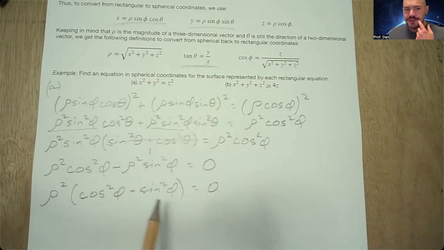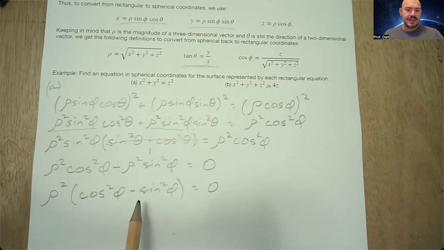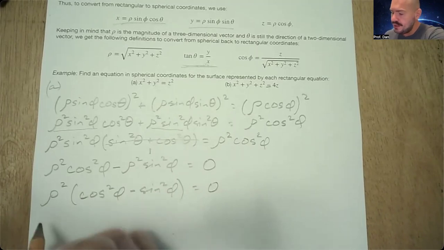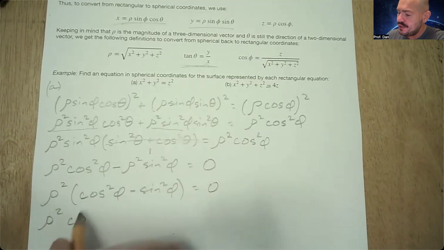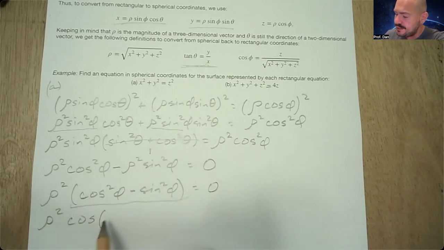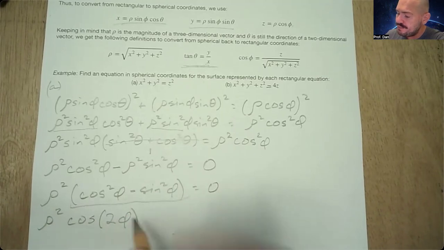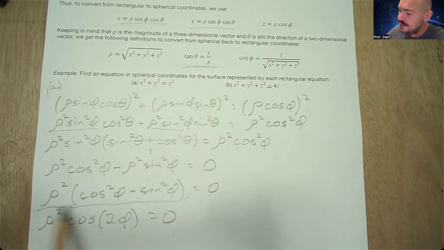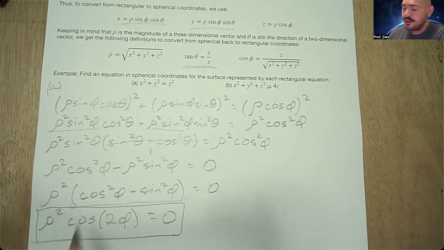And if you remember the trick we used earlier, there's a trig identity you could use here, right? Cosine squared of something minus sine squared of the same something can be rewritten as cosine of double that. So we can replace all of this with just cosine of 2 phi. And there we have the simplest possible form of that equation.